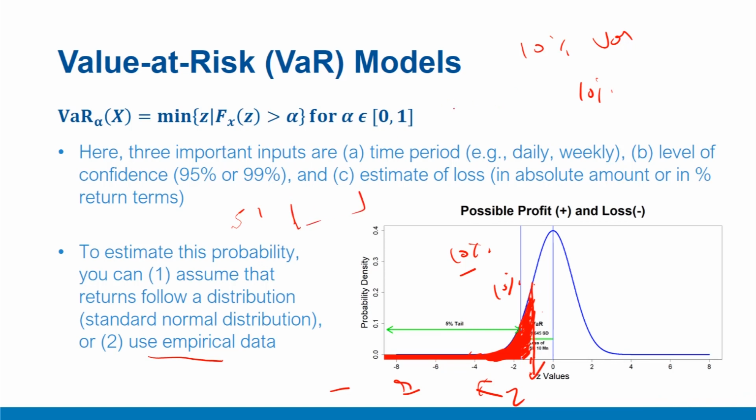You can cut off, let's say you have a set of observations, you can put a cutoff line, and on the left of this cutoff line you have 5% observations. Then the cutoff point, the maximum return in this cutoff point becomes your VAR. In terms of magnitude, this will be the lowest value on the negative side, but in terms of signed value, it will be the maximum. And this will become our VAR.